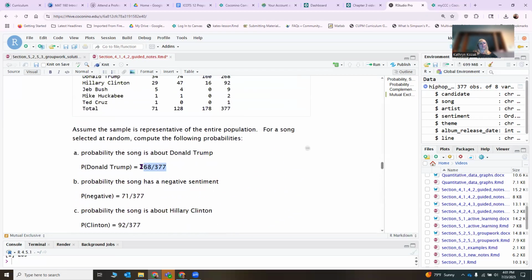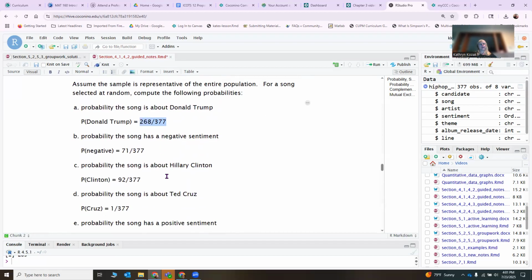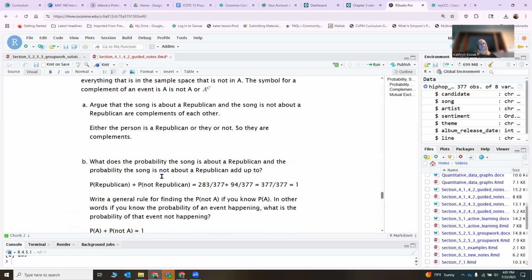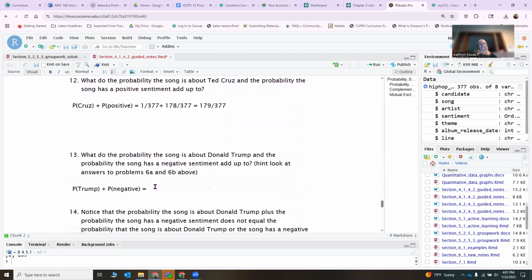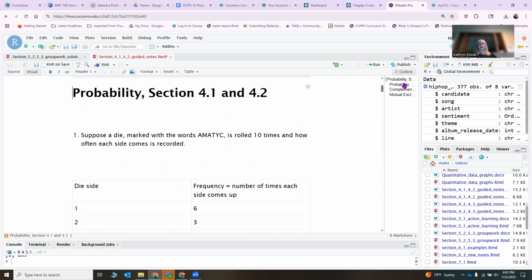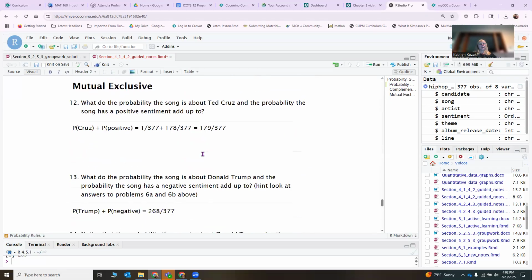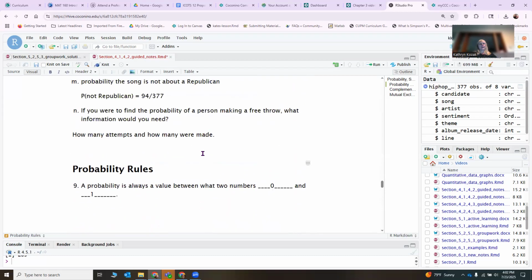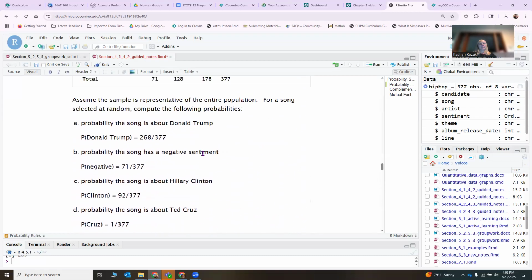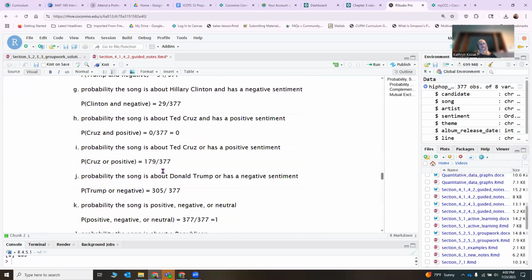So Donald Trump was 268 out of 377. And the other one was negative, 71 out of 377.